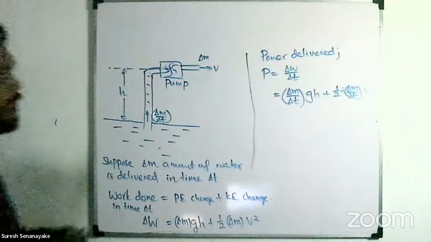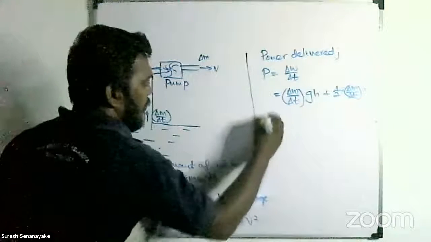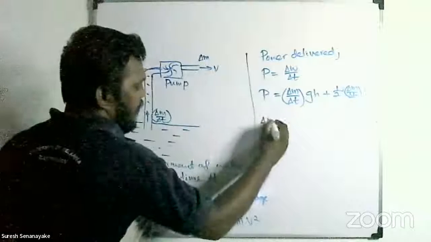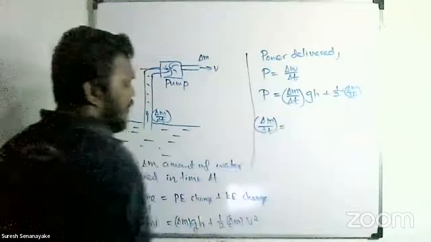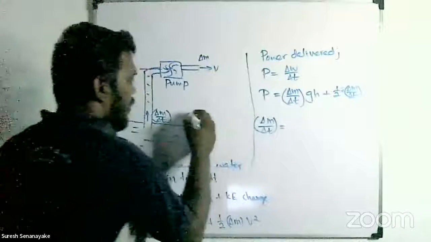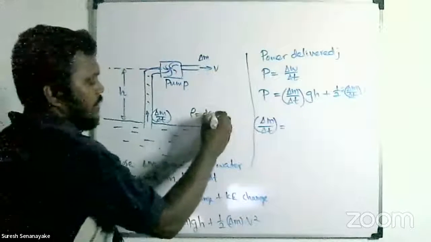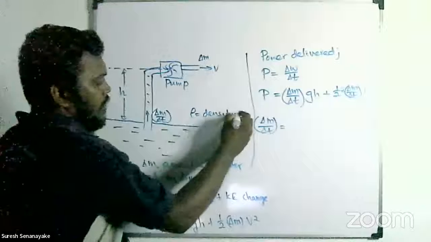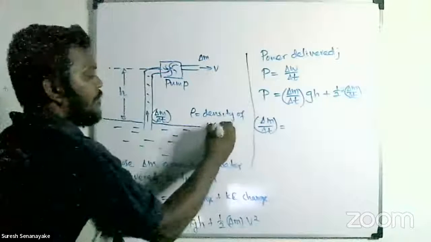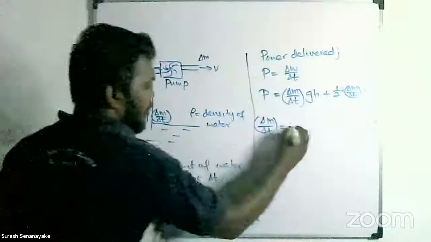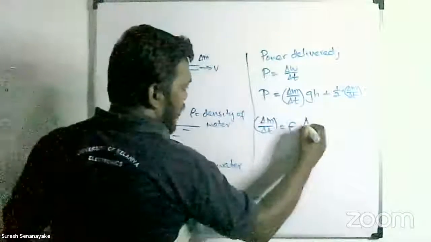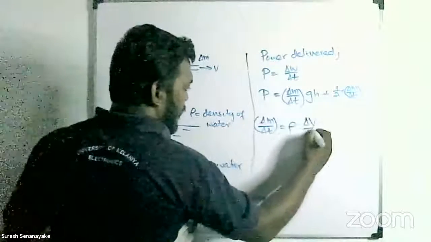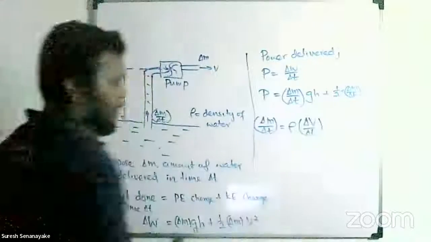So actually we know, if you remember, delta m over delta t, the mass of water ejected out, is the density of water, this rho is the density of water, multiplied by the rate of volume ejected out, the rate of flow we call.